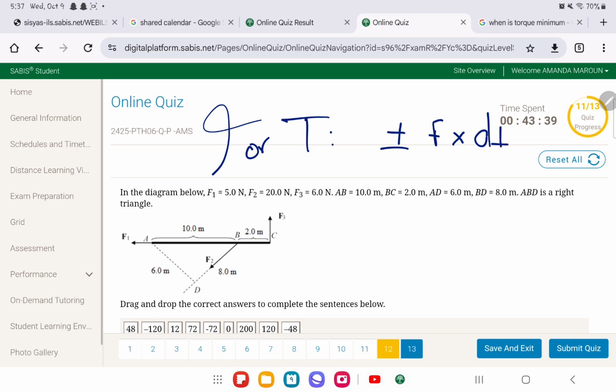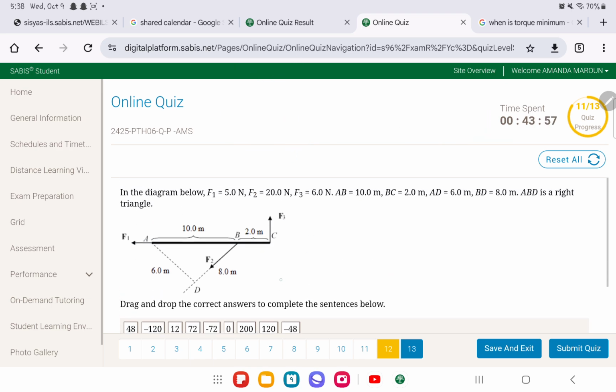So they're asking us for the torque of force 1. Torque of force 1 is going to be the force, which is 5 newtons, multiplied by the perpendicular distance. They're asking us the torque about A. So again, torque is equal to force times perpendicular distance. It's going to be 5, plus or minus.